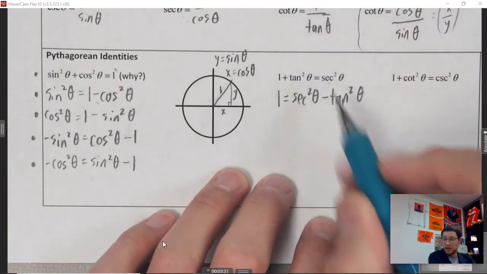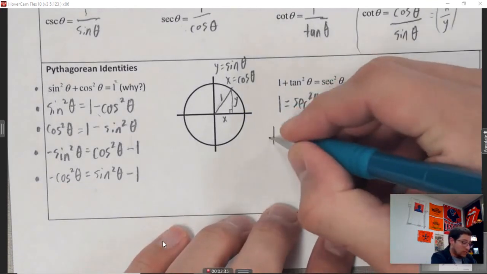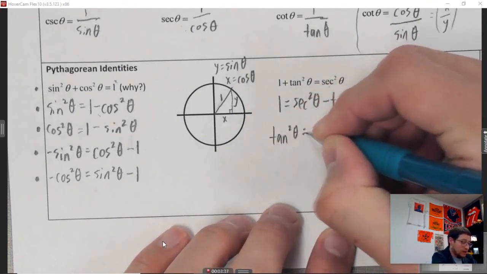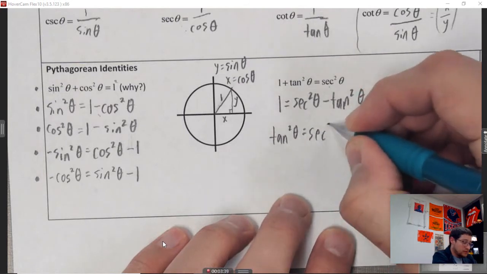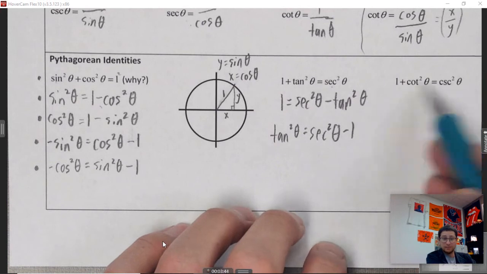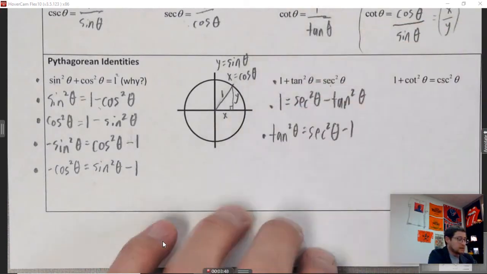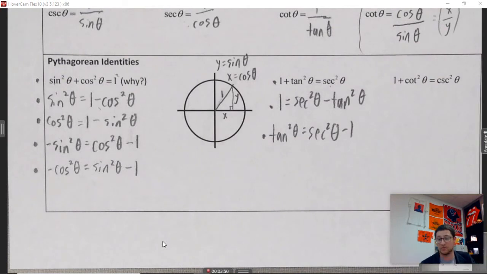We're getting the 1 by itself. And then you could get tangent by itself, where tangent squared of theta is equal to secant squared of theta minus 1. Similar process here. These are all Pythagorean identities, things that we know to be true, equivalences that we know to be true.